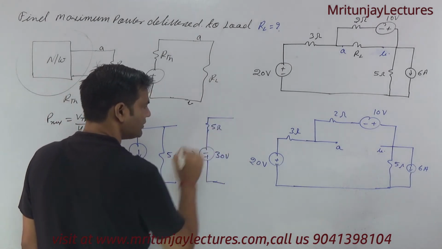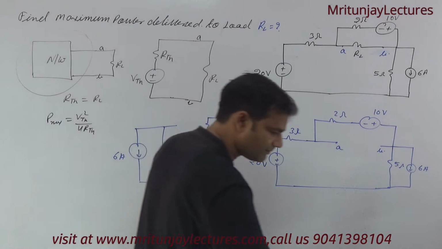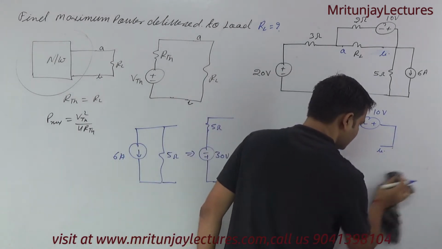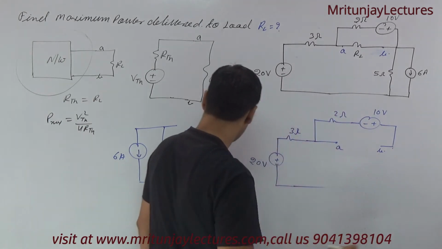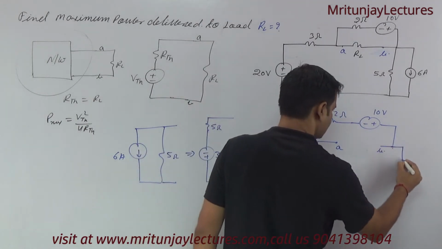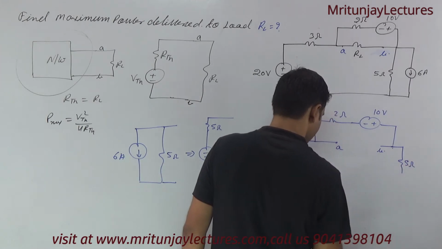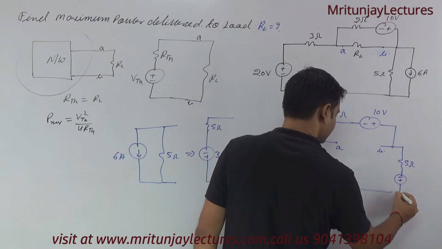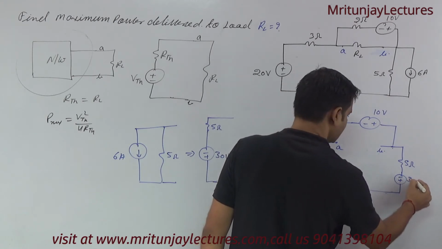So first of all, this circuit corresponding to this one, you can remove and attach here: that is 5 ohm, and after that minus plus, that is 30 volt.